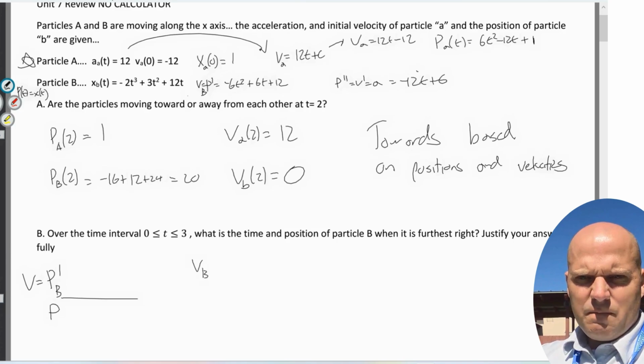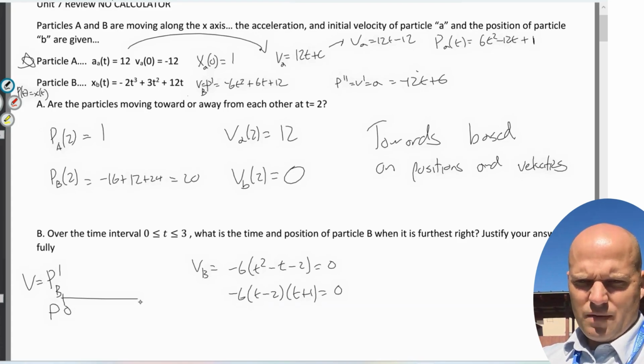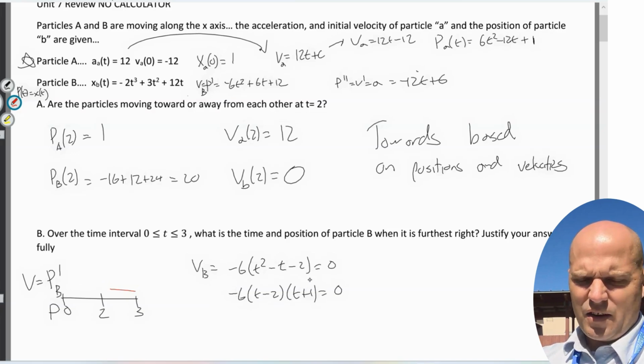So V of B, I'm going to factor out a negative 6, and set that equal to 0. Starting from 0 to 3, you can see the only zero I have is at 2. I have this negative 1, but I don't have to put it down. Use some test points like 2.5: positive, positive, negative. Could use a test point like 1: negative, negative, positive.